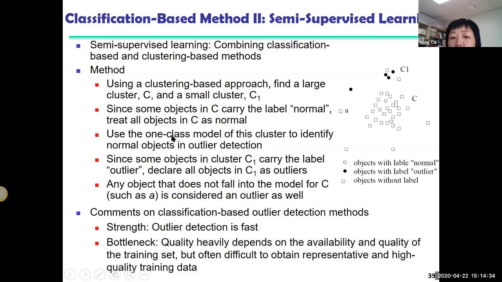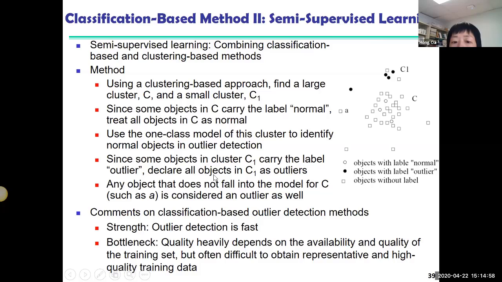Then we can use the one-class model: now we have training examples for normal, and we learn a model to identify normal objects. There is a smaller cluster C1, and there are objects labeled as outliers in C1.